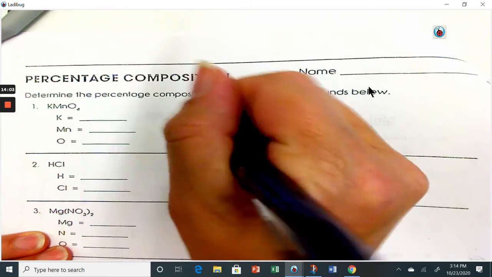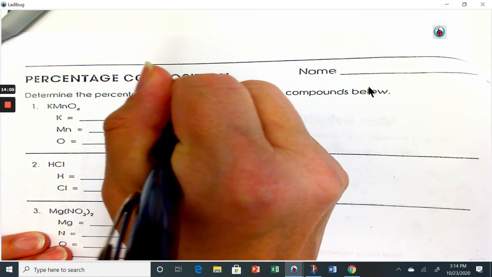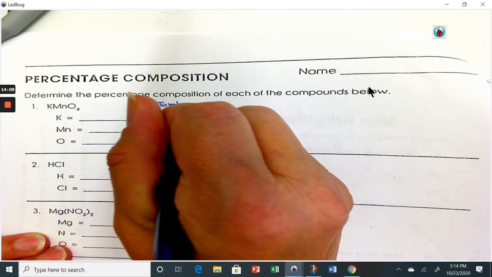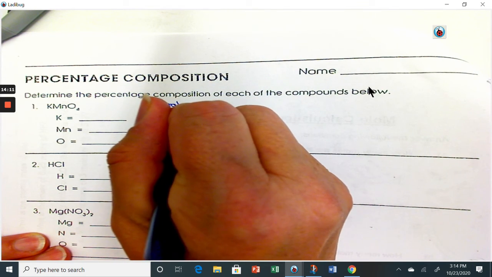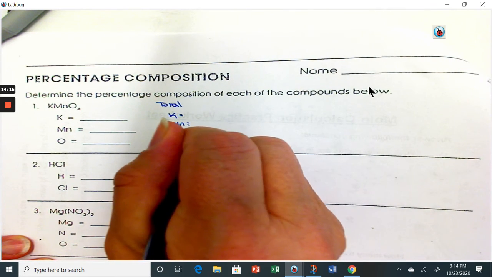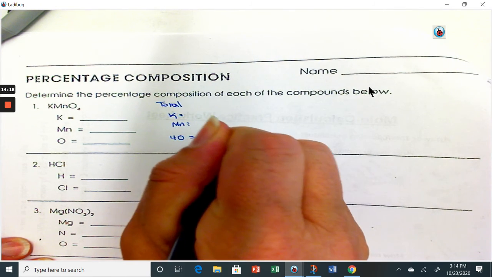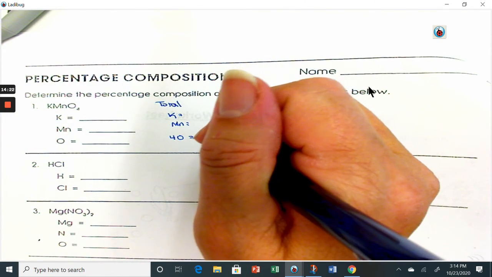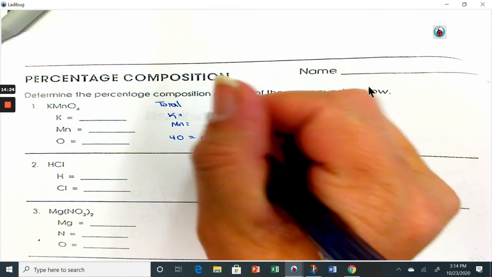So I'm going to do the total. So my total would be, I've got 1 K, 1 manganese, and 4 oxygen. That's 64. You learn that 4 times 16. So let's see, manganese is 54.94.